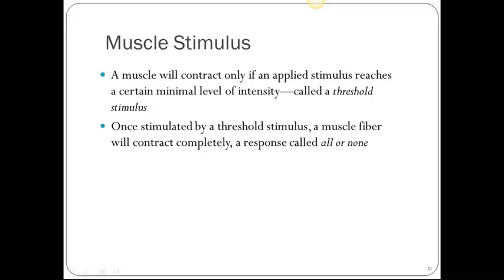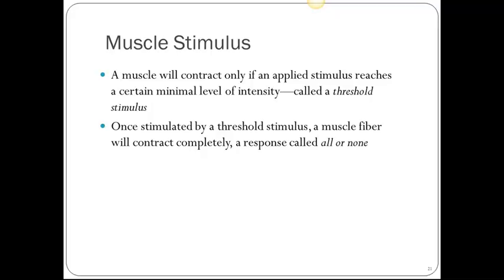The muscle will contract only if an applied stimulus reaches a certain minimal level of intensity. We call this the threshold stimulus. So there have to be enough motor neurons stimulating one particular area in order to contract the muscle. Once stimulated by the threshold stimulus, a muscle fiber will contract completely, and the response is an all or none response.